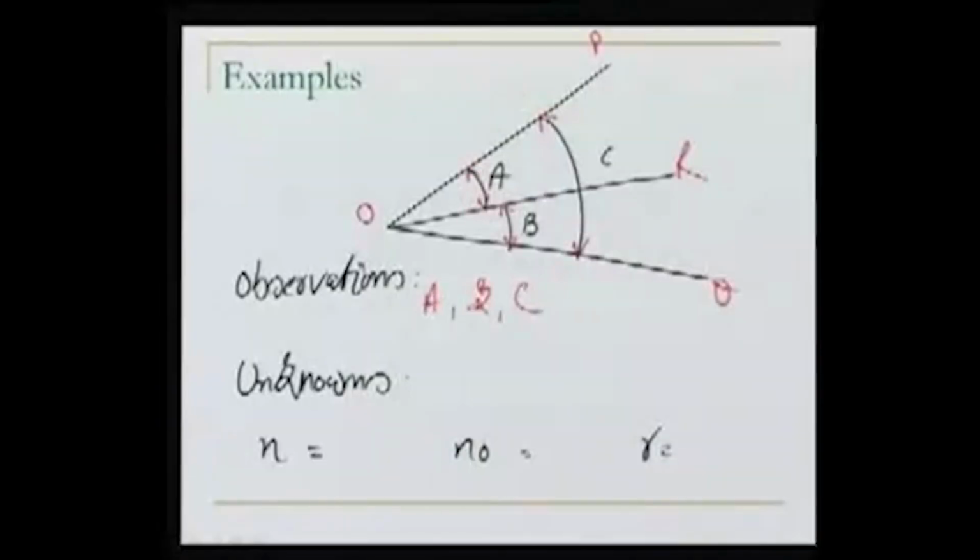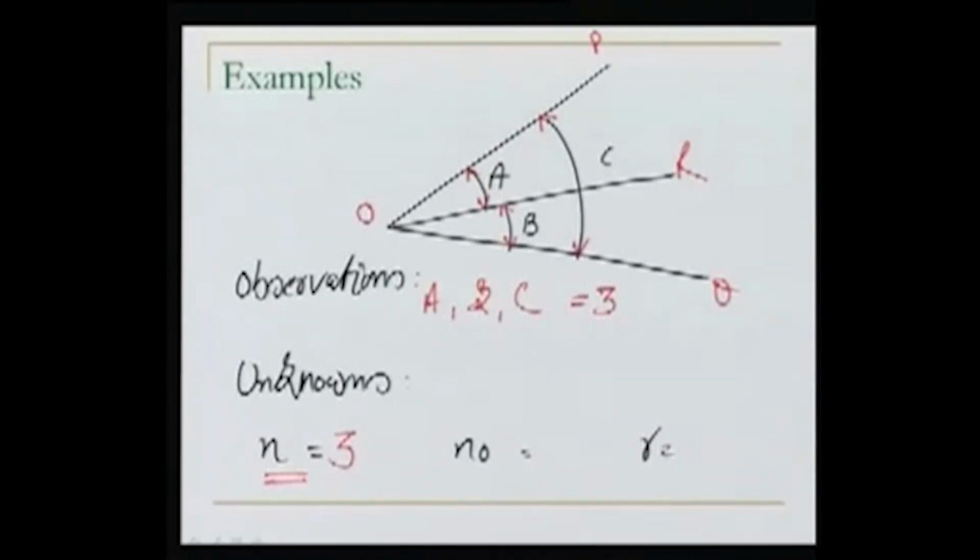But while taking the observations, in order to include redundancy, he also takes the full angle C. So he is taking three observations, so the number of observations n is 3.